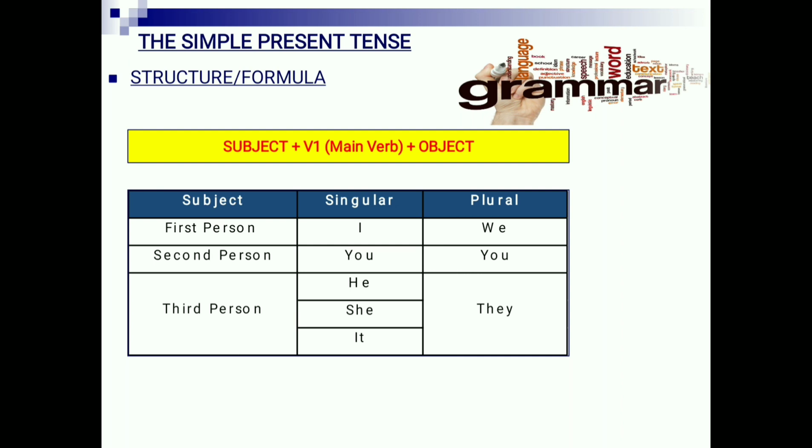Third person. Third person means the person is not directly involved in the speaking or in the communication. So, when two persons are speaking, and if they are talking about the person who is not present over there, or with whom they are not speaking directly, that time they use he, she, it in the singular form, and when many are there, we use they.